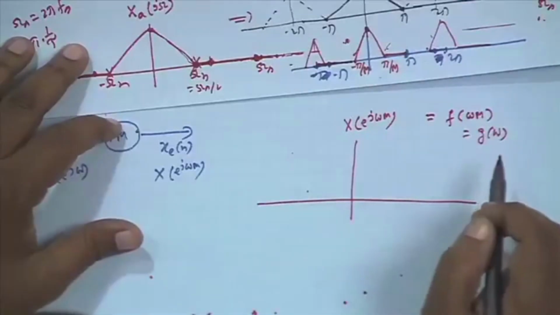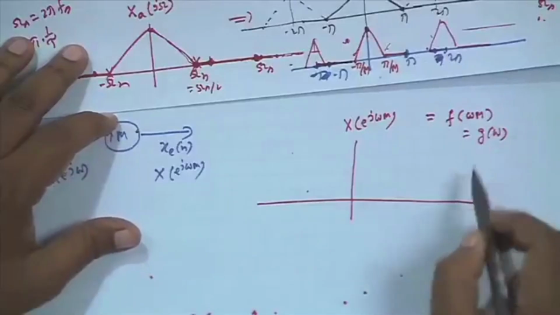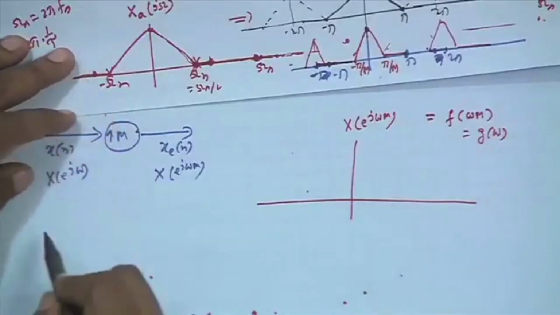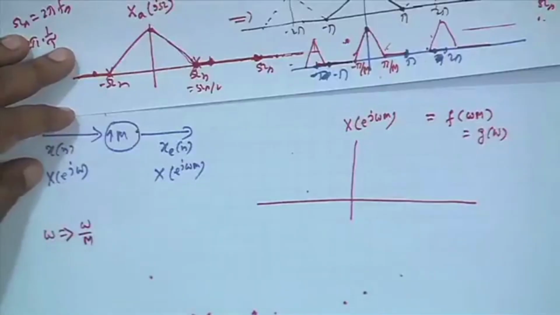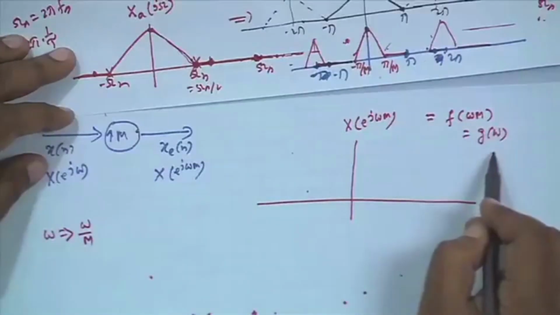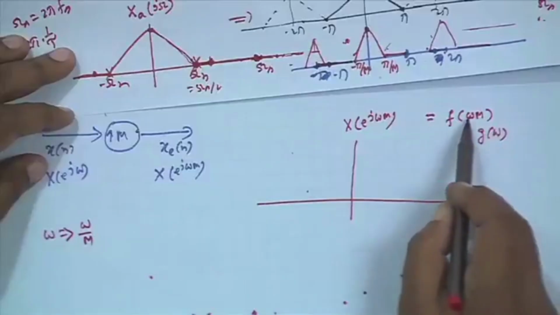Now, here you see g of omega at, say, omega equal to some omega by M. What will be the value? If you put omega by M here, M cancels, and you get f of omega.